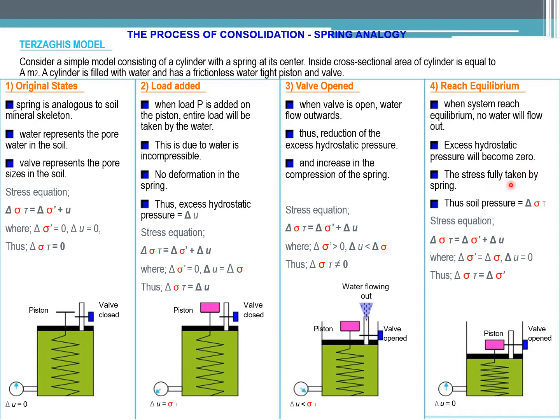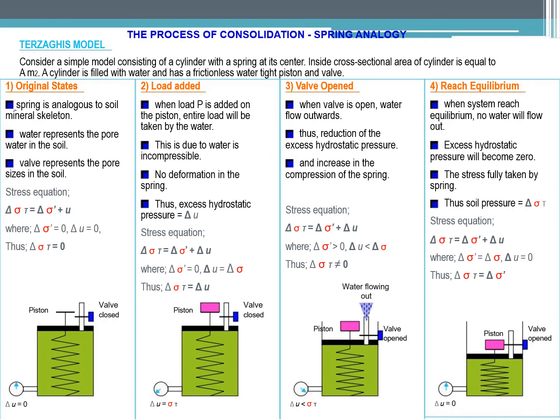The stress is fully taken by the spring. Thus, delta stress is equal to delta stress prime plus delta U, so U is equal to 0, and delta stress is equal to delta stress prime. So this is the spring analogy.